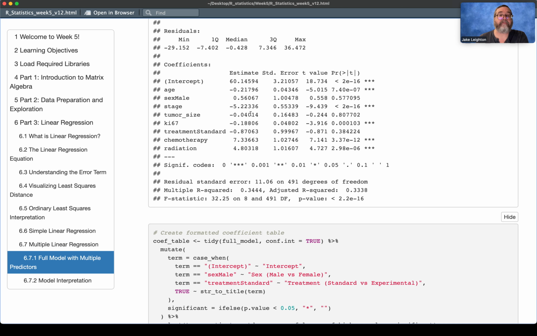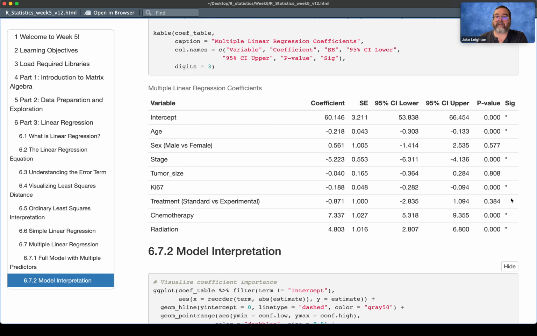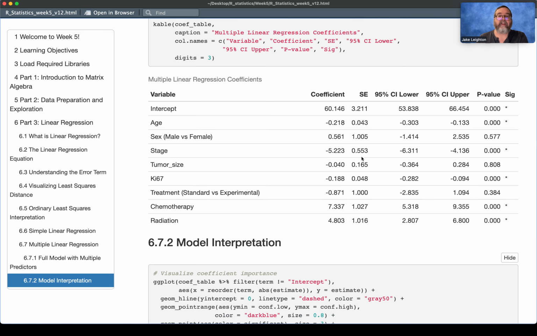But what jumps out to me really quick is the really high ones, the stage, the -5, and the chemo radiation. These are all very high values here that seem to have both a negative and positive effect. And they also are both significant. So we'll focus on our significant values. We'll come down here, we'll be able to see those, and we see our coefficients. And we feel pretty good about those.